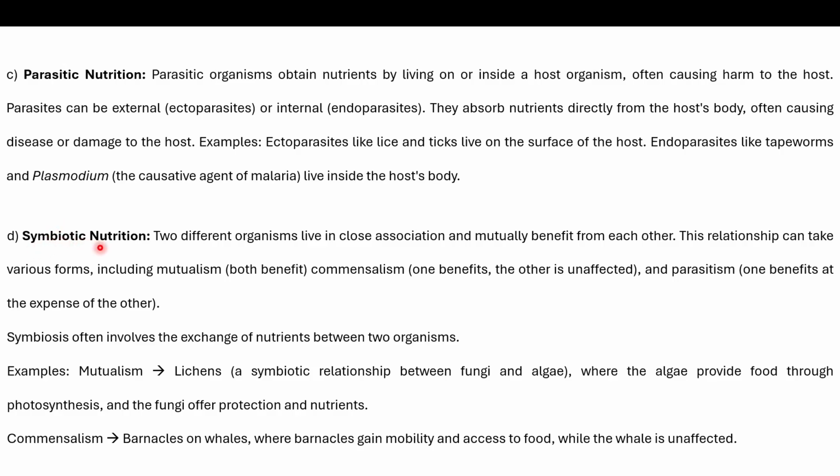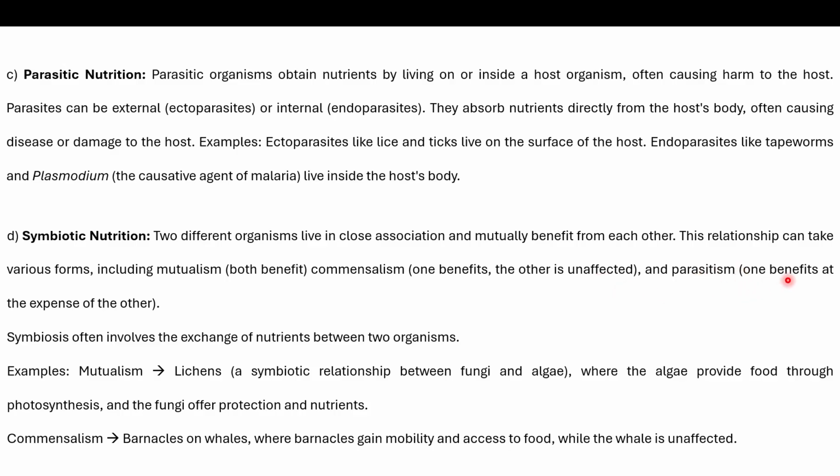Then we have symbiotic nutrition as well, where two different organisms live in close association and mutually benefit from each other. This relationship can take various forms, including mutualism, where both the organisms involved in this interaction are benefiting from each other. It can be commensalism, where one organism benefits from the other, however, the other organism involved in the interaction is unaffected.